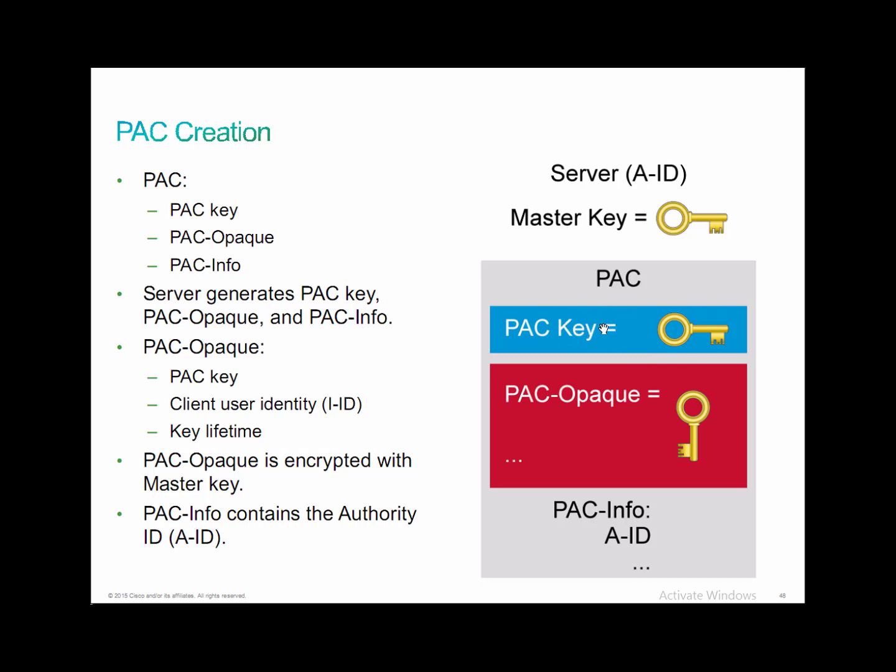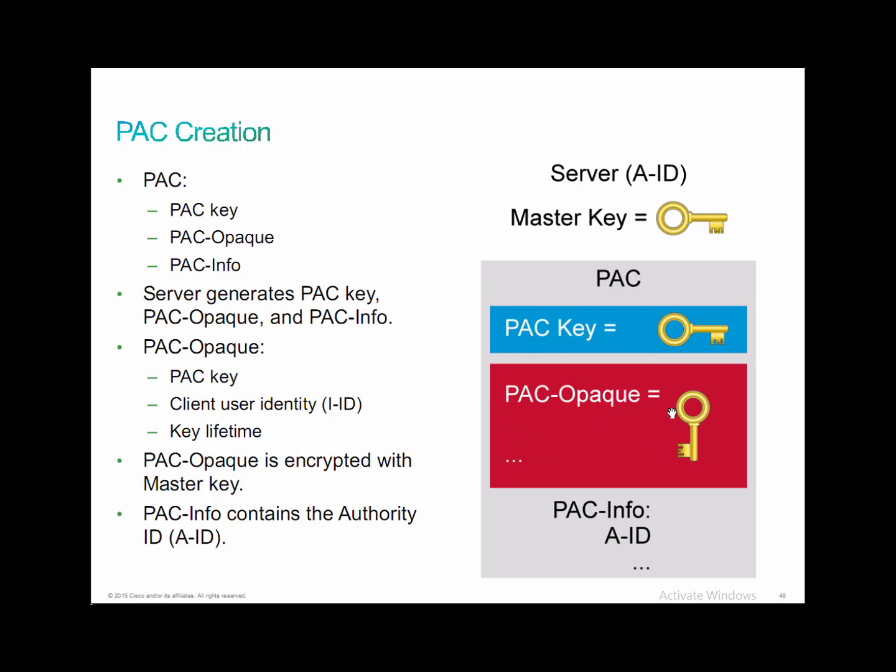So this blue key here is used to establish the phase 1 tunnel in the EAP-FAST process. Basically, if you're comparing this to TLS, this would be like the pre-master secret that's established. The AAA server randomly generates this PAC key.